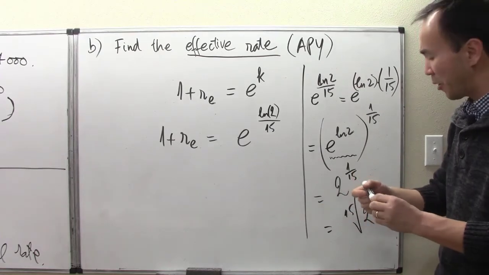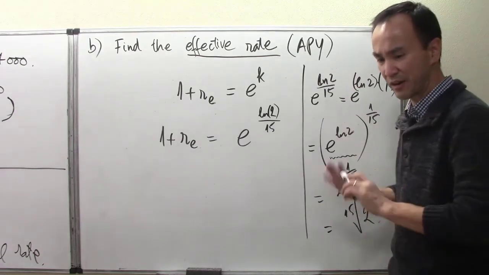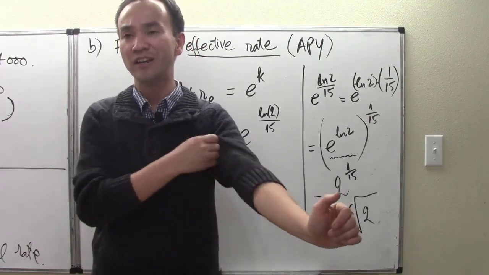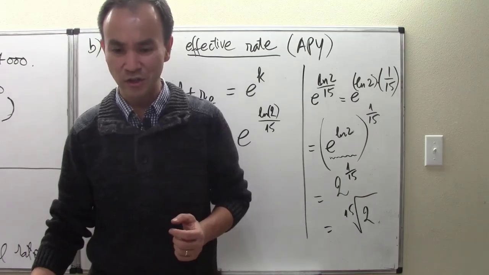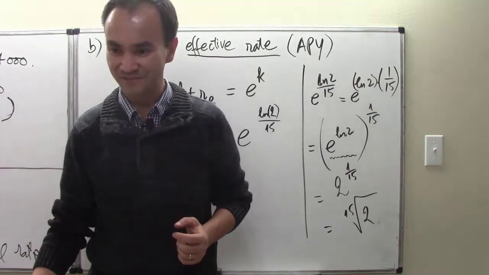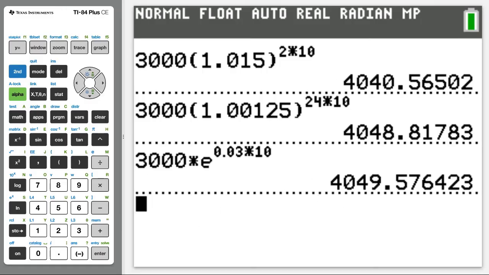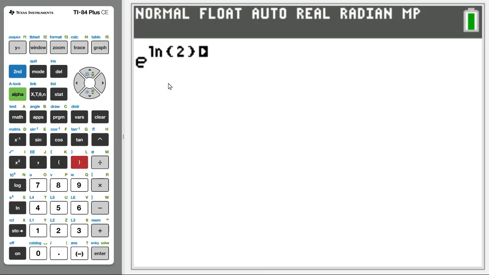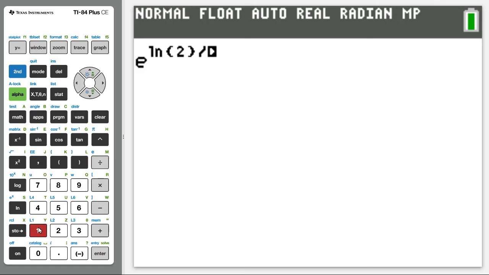But when it comes to this point, in case you don't like working directly too much with the algebra, in case you don't want to go into all the elementary steps, then you can also use a calculator. All right, so here we go. This is our calculator. I'm going to type e raised to the power of natural log of 2, divided by 15.